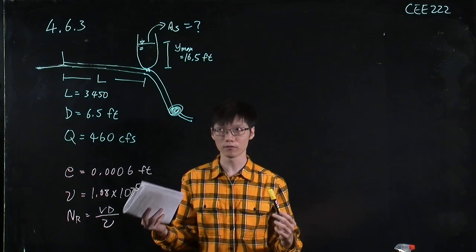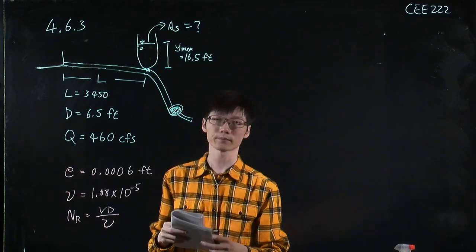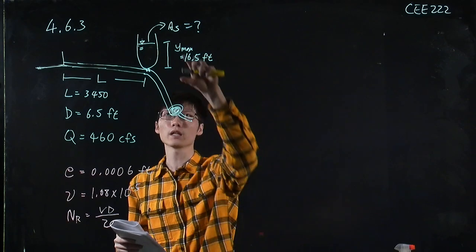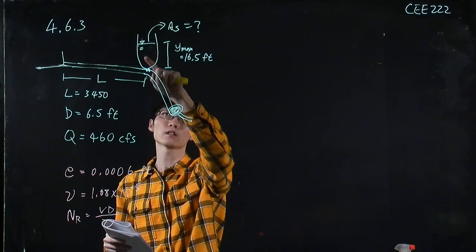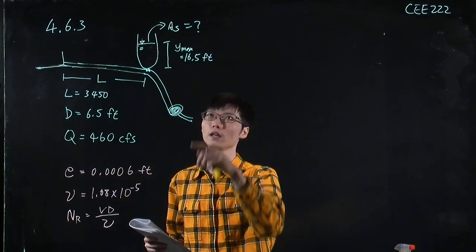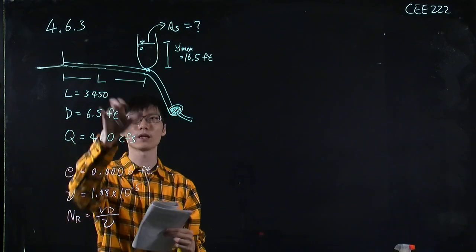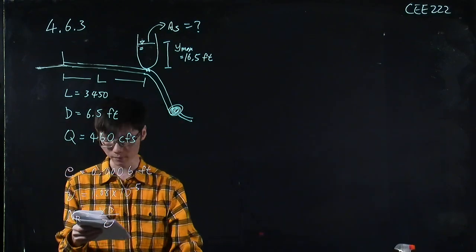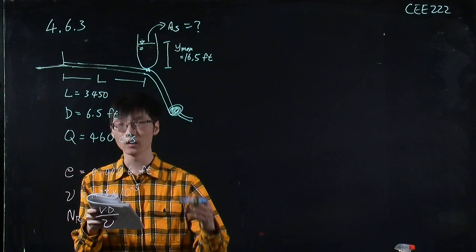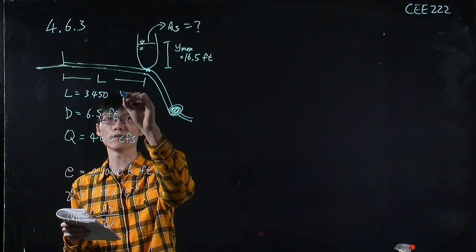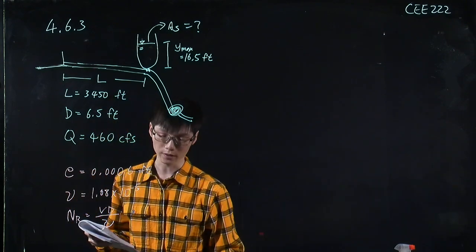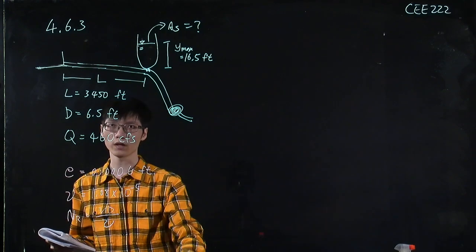Okay, so let's first look at the information given by the question. The maximum water level rise is equal to 16.5 feet, and the length of the pipeline is equal to 3,450 feet. Diameter is equal to 6.5 feet.